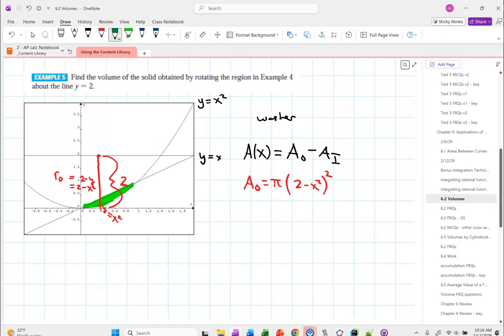What did we say x was? What is x? It's the variable for our function. I know, but if y is equal to x squared, then what's x? The independent variable for the function. Okay. We're integrating with respect to x. That's the location of the slice, so it's telling us how to calculate the area or the radius for that slice.